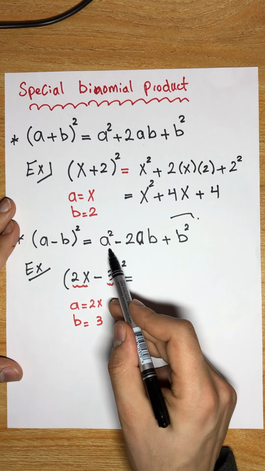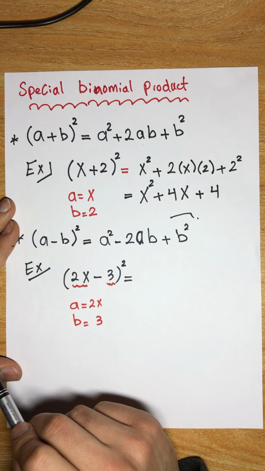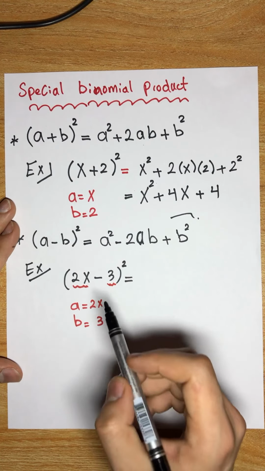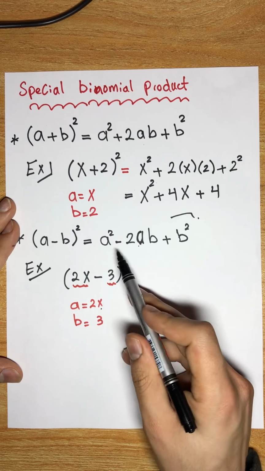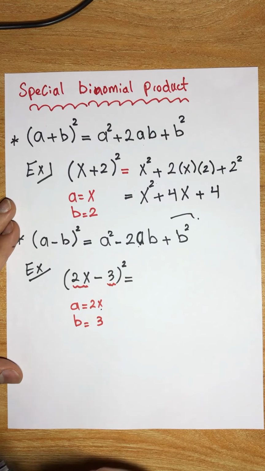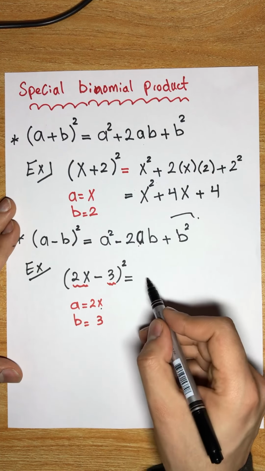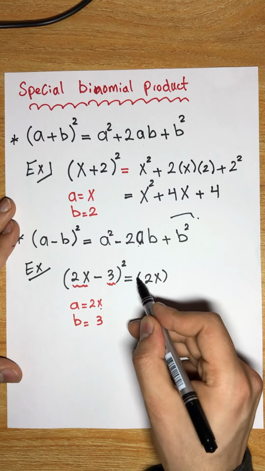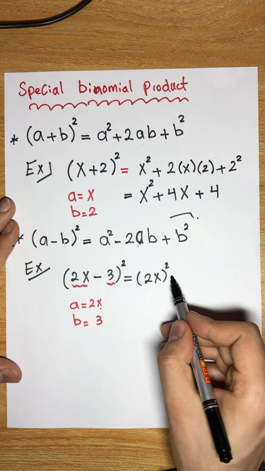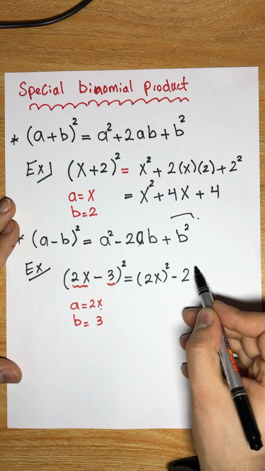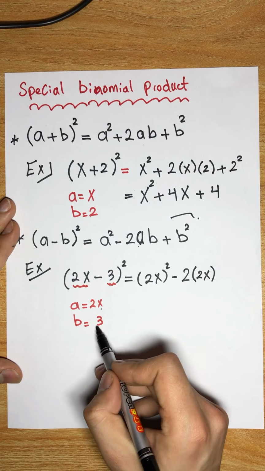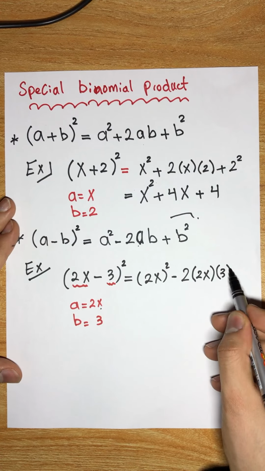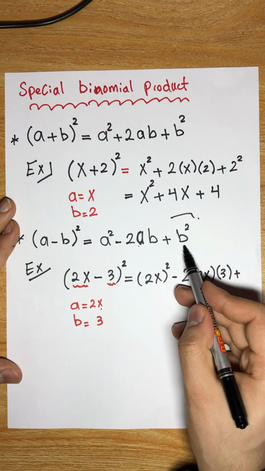Now let's use this rule to find the answer, and instead of each a we should put 2x, and instead of each b we should put 3. So 2x squared minus 2 times a, which is 2x, times b, 3, and then plus b squared.